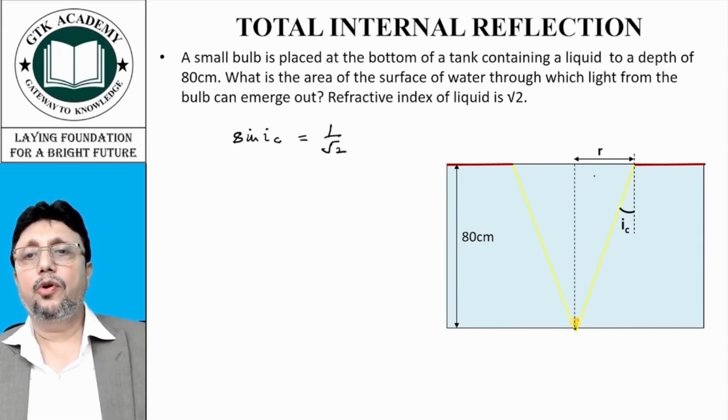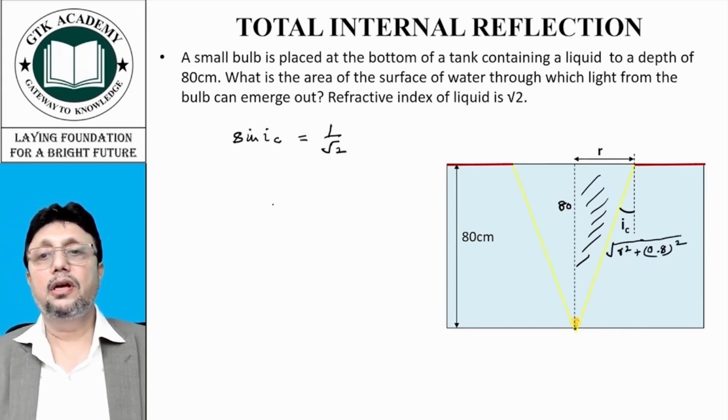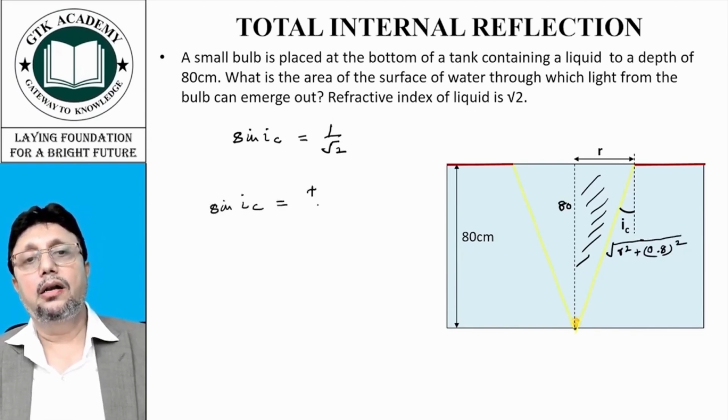Now again, from this triangle, this is R and this side is 80. So this hypotenuse is under root R square plus 0.8 whole square, because we have converted it into meter. It's in centimeter. So sine IC is also equal to R upon under root R square plus 0.64.